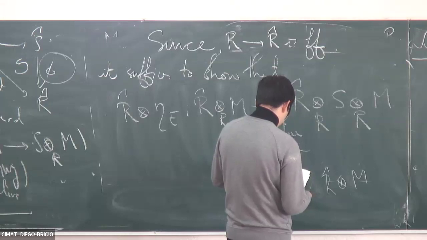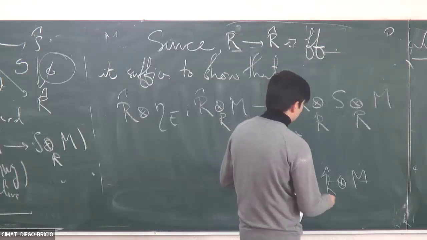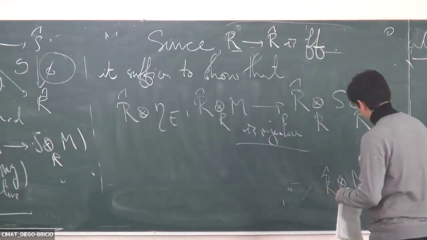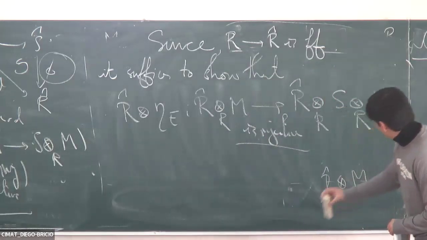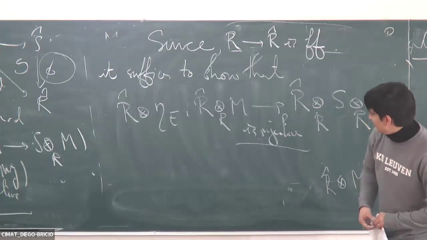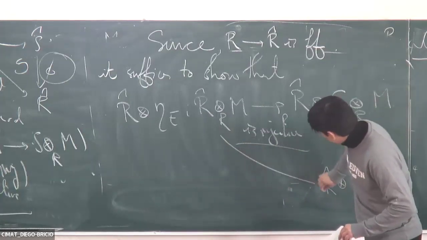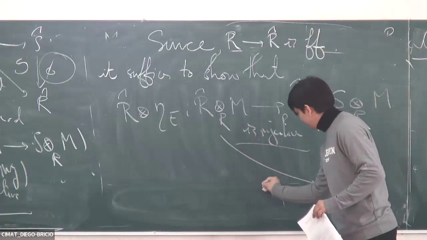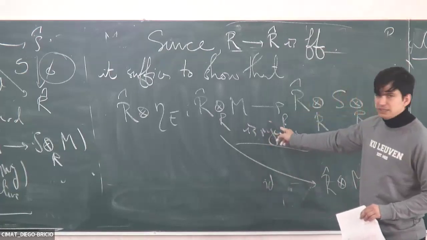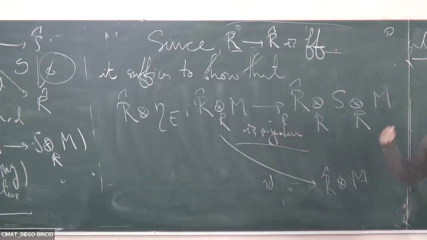So how can I go from here to here in such a way that the composition from here to here is the identity? So the idea is to prove that this is injective. But what we can do is actually split it, and therefore guarantee its injectivity.